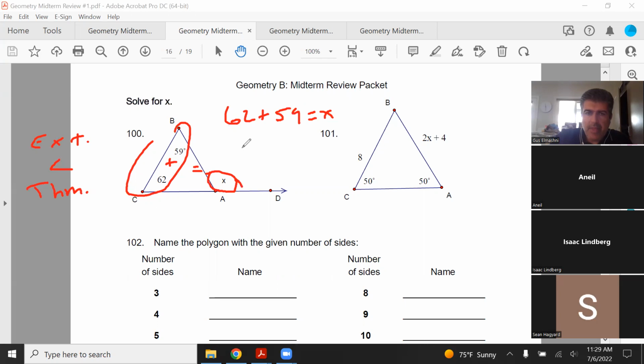So then x is 121. Then because these are the same, those are the same. So 2x equals 4, x equals 2.